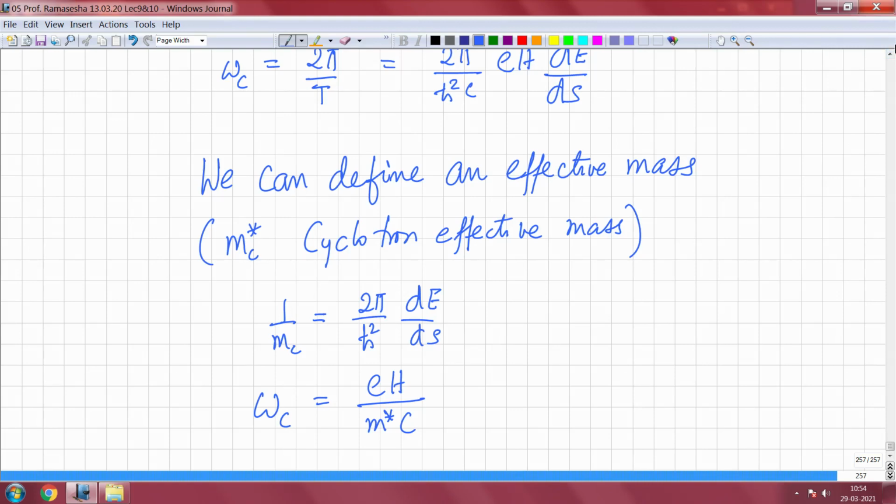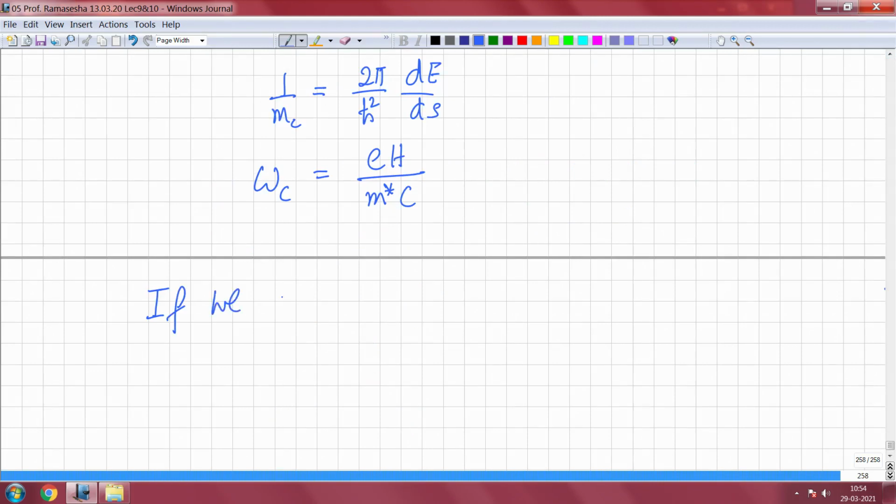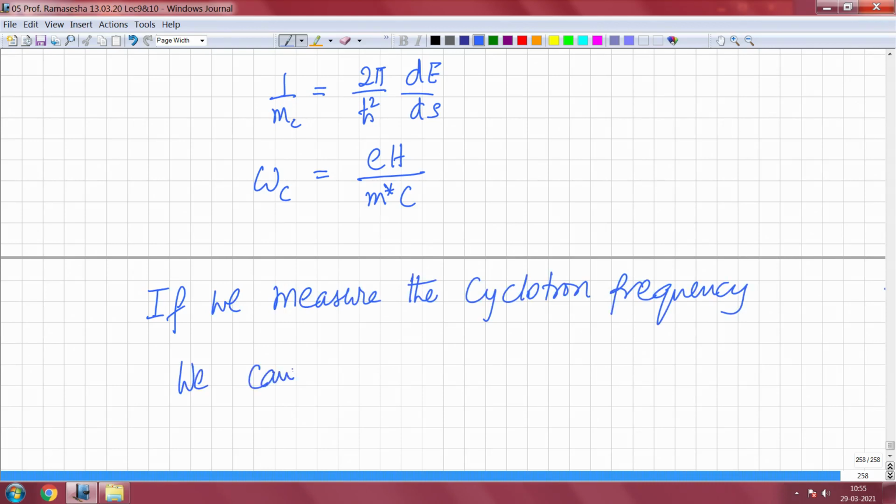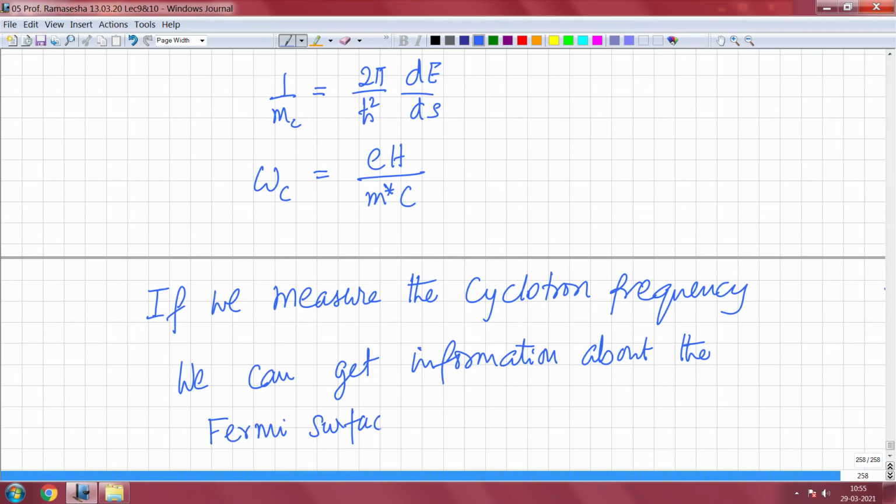So if you measure the cyclotron frequency, we can get information about the Fermi surface via dE by dS or dS by dE, whatever way you want to look at it.